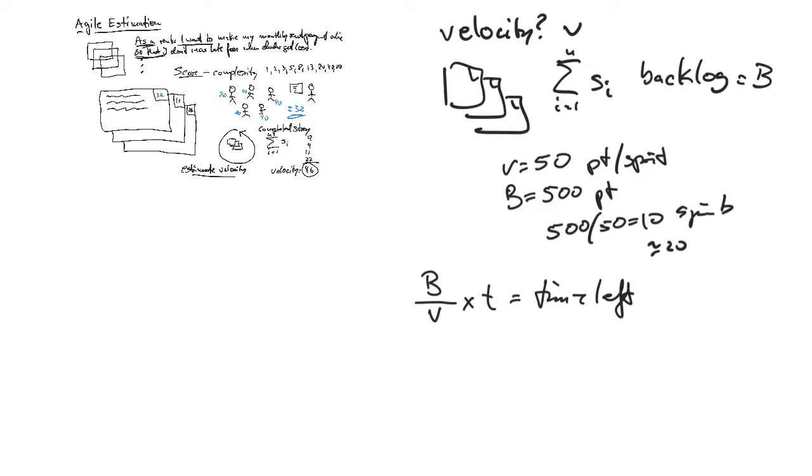So again, 500 points in the backlog divided by 50 points per sprint tells me I need 10 sprints. I multiply that by my time, let's say in terms of weeks, 2 weeks per sprint, times 10 sprints means I have 20 weeks worth of work left to do. That's a forward schedule. It basically tells me how much time do I have left given a fixed backlog.